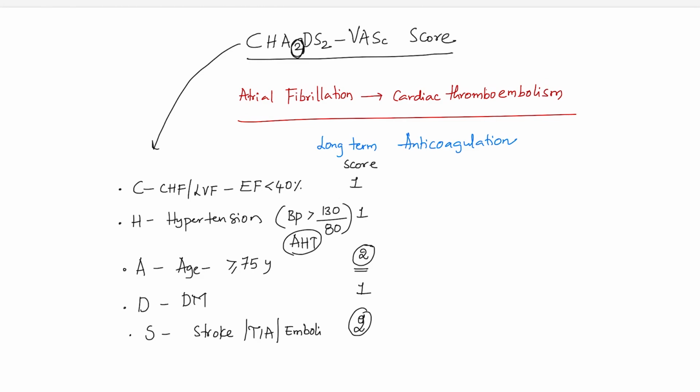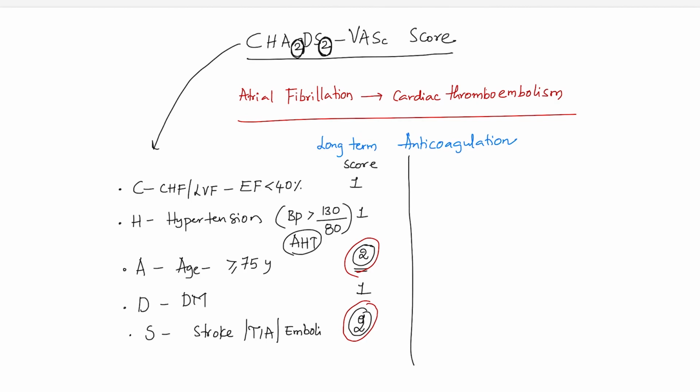Because a patient who already had a thromboembolic episode has high chances of getting another attack. So the score is 2 here. These two are very important because in the recent past, in the medical PG entrance examinations, they were asking you to calculate the score based on the parameters given. So that's why it's very important.